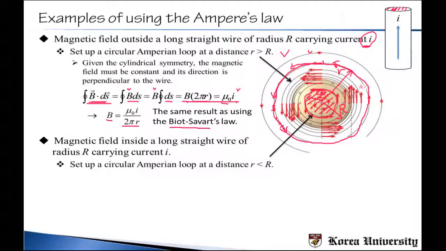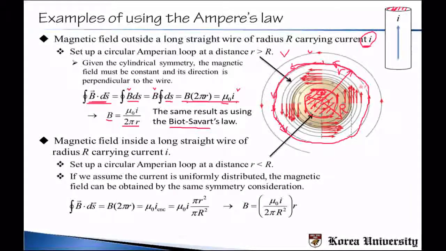And strictly speaking, figuring out the current distribution inside the wire is not very easy. Most of the time, the current flows along the surface, but some of it is distributed inside. So quite often it's very difficult. But just for the sake of simple calculation, here we will just assume that the current is uniformly distributed.